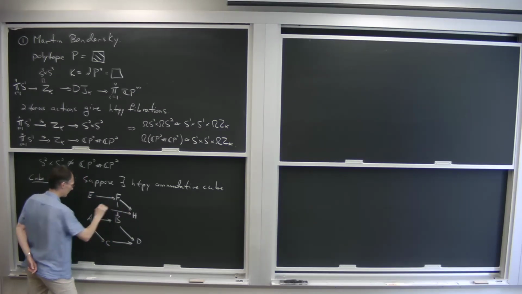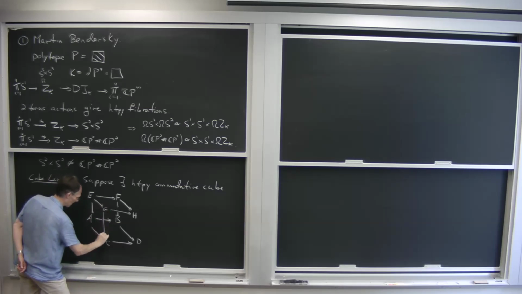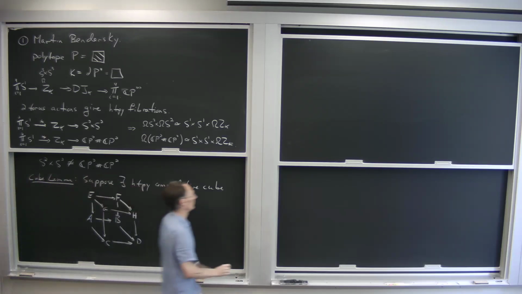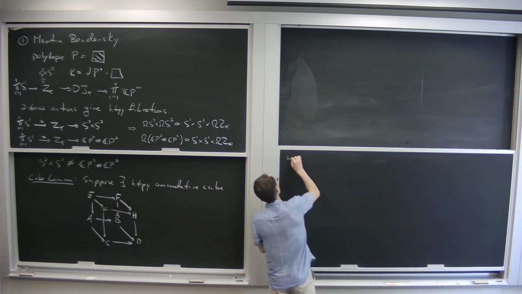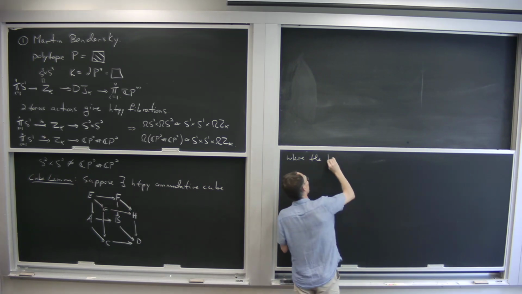Sorry, these are always time consuming to draw. Suppose there's a homotopy commutative cube where the bottom face is a homotopy pushout.